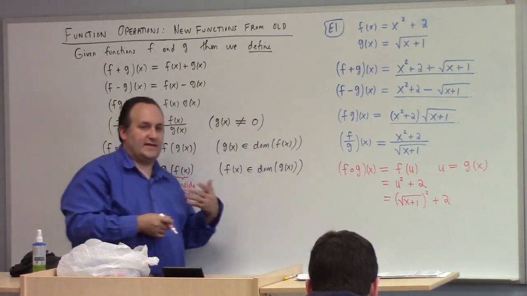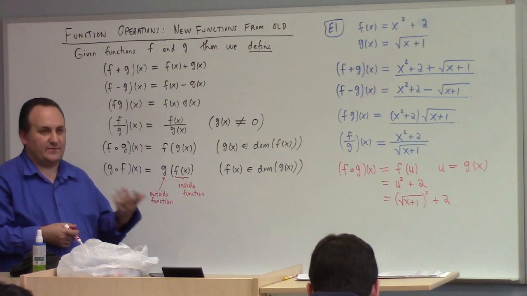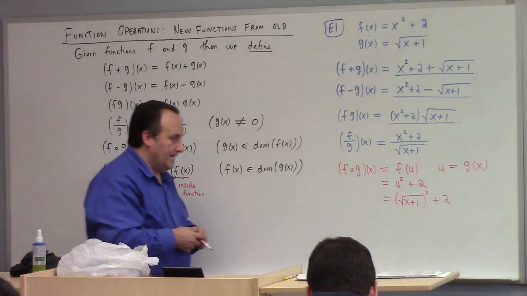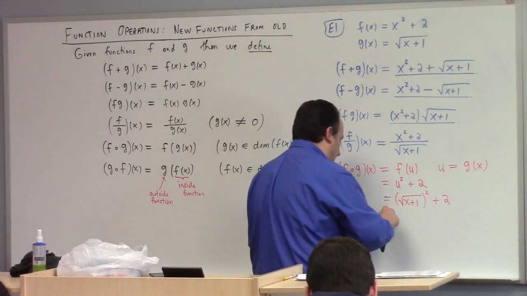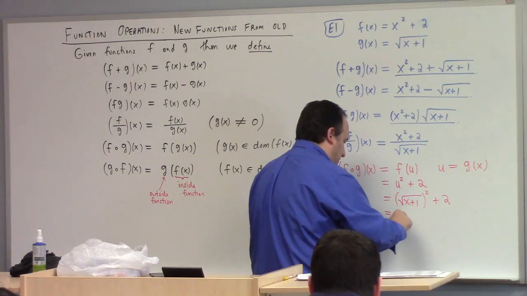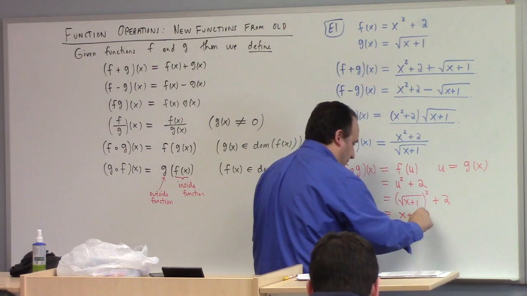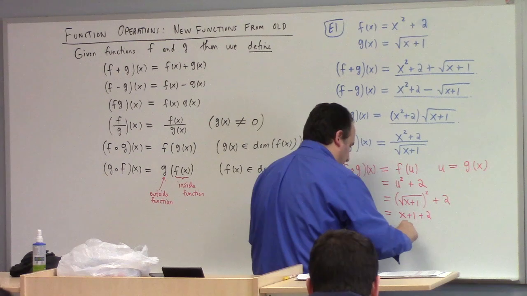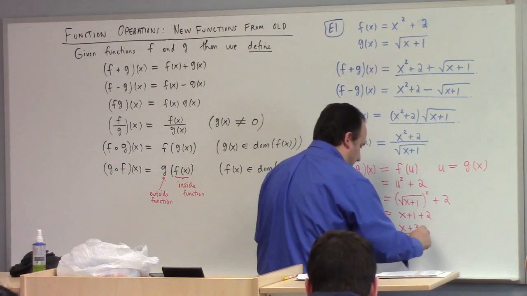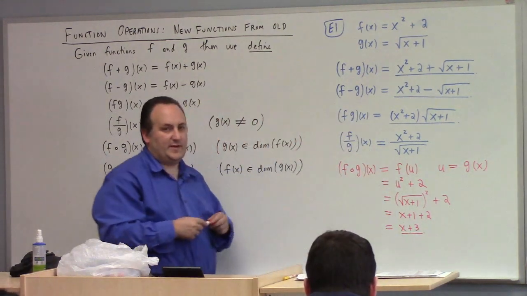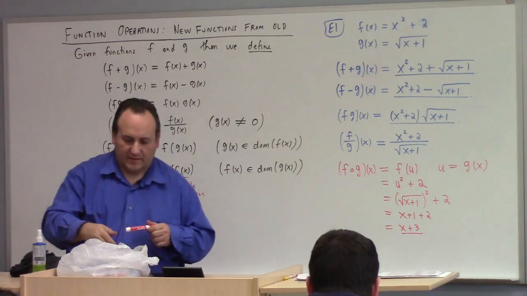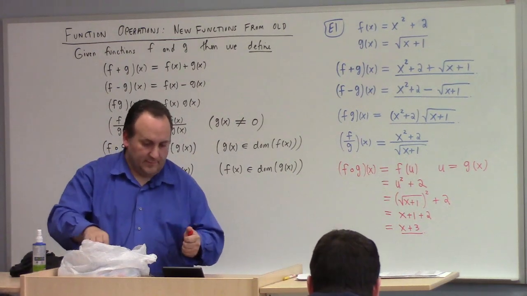In this particular case, I could simplify, right? How would that formula simplify? We get just x plus 1 plus 2, or in this case, x plus 3 would be a nice answer. I don't usually worry about simplifying too much with these, but since it was so obvious, I decided I would do it here. All right?